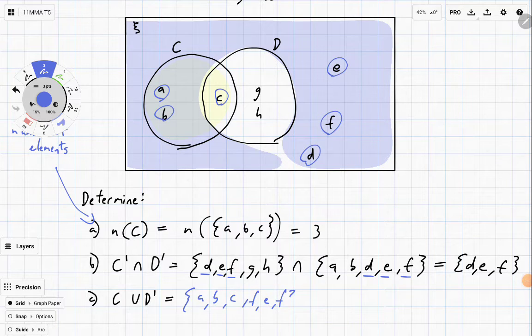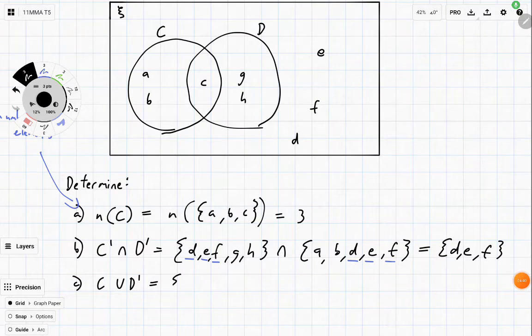But if I wanted to do this algebraically without having the Venn diagram, how would I go about doing it? Well, let's work out what C is equal to. So C is just a, b, and c. And we're unioning it with not D. Well, not D is a, b, e, f, and d.